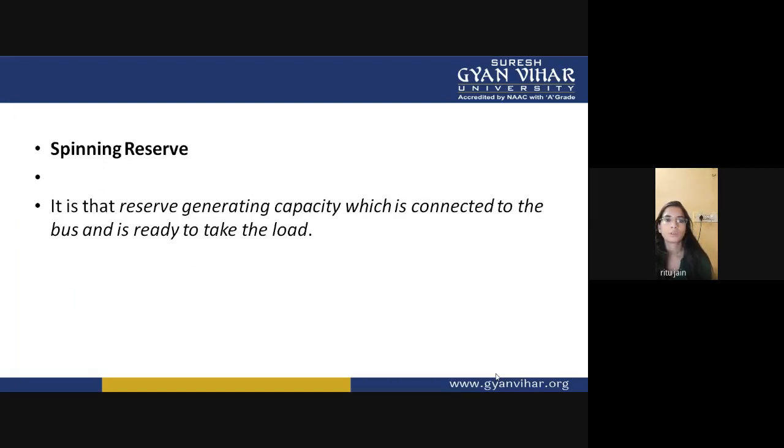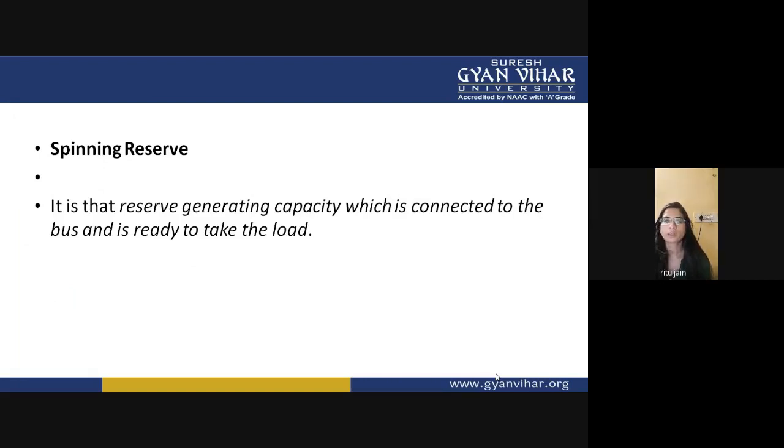So there are three reserve capacities. One is cold reserve capacity, the second is hot reserve capacity, and the third is spinning reserve capacity. Cold reserve capacity means you are not using that capacity at that time, but you use it later when you require it.